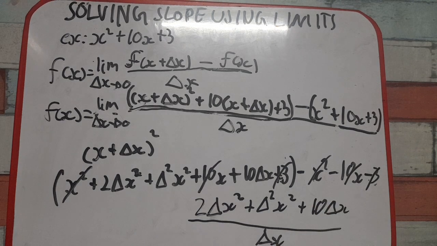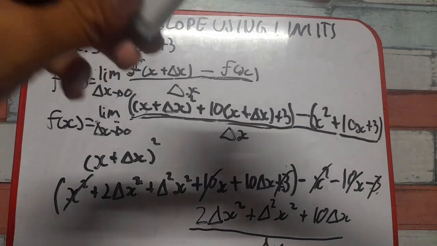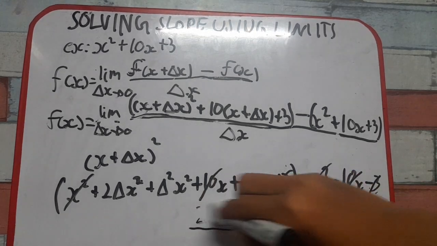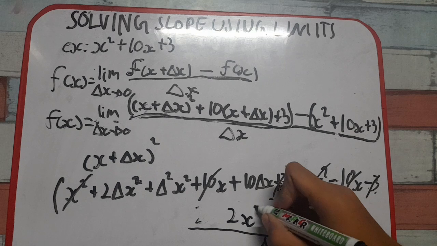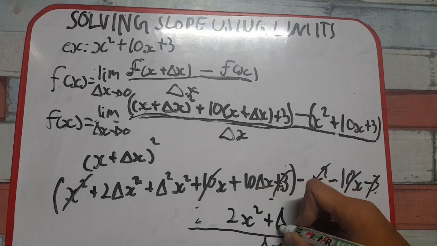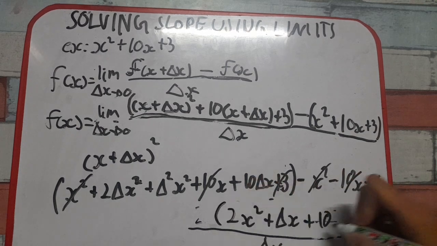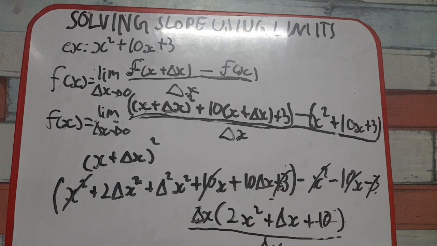And for this one, we're almost close. We can actually factor the delta x out of it, which is gonna give us, let me erase this, delta x times 2x plus delta x plus 10, over delta x, and with that we can cross out delta x.